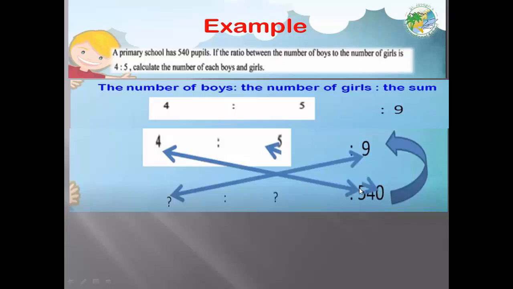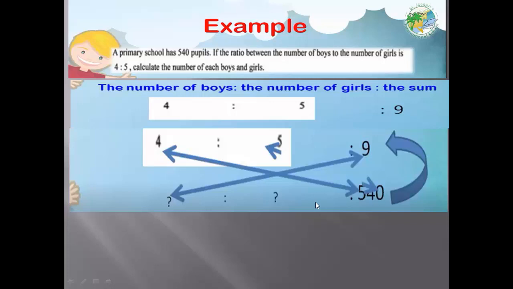Can we write 540 under the number of girls? Of course not. Can you write 540 under the number of boys? Of course not. Then we write 540 under the sum of boys and girls. After we make cross multiplication, we can find the number of boys and the number of girls.